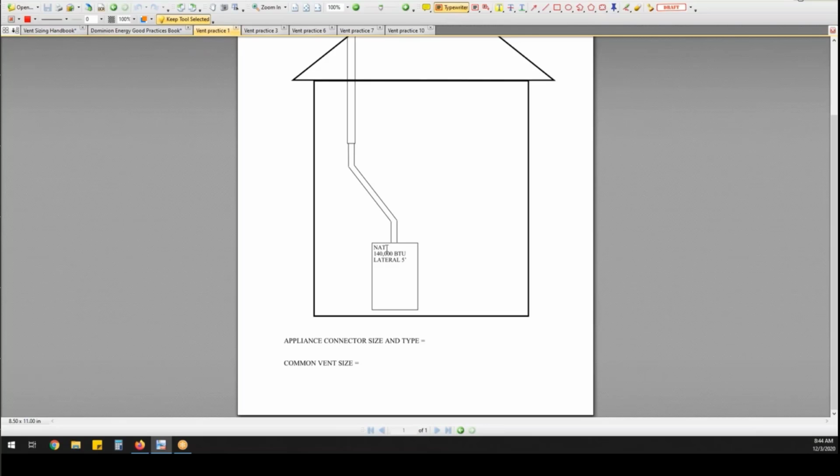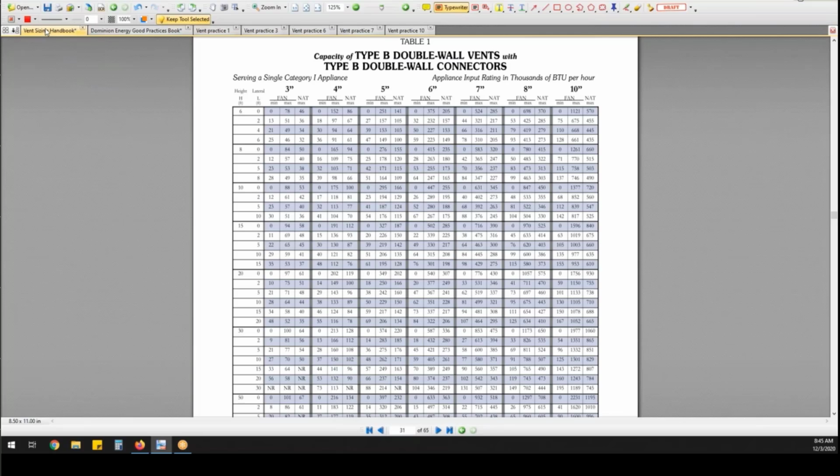And right here it says NAT. That means it's a natural draft appliance. On test day, when you see NAT, that means it's a natural draft appliance. The other thing you're going to see is fan, because in the tables, notice we have fan and NAT.